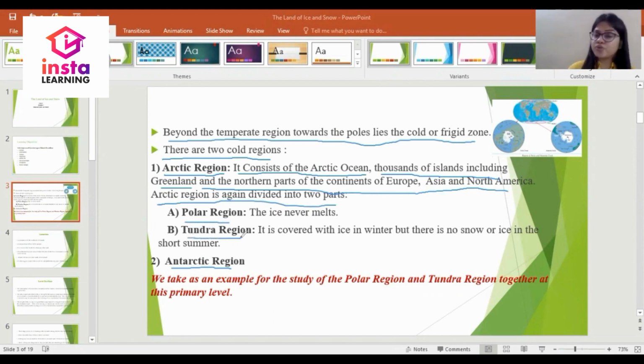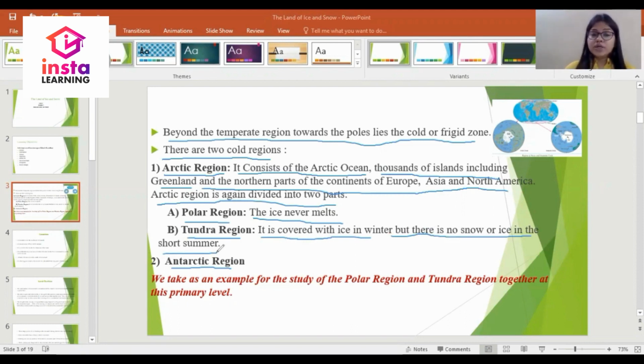Number two, tundra region. Dear student, in the polar region, the ice never melts. In the whole year, the ice never melts. So it is a very frigid zone, a very cold zone. In the tundra region, it is covered with ice in winter, but there is no snow or ice in the short summer.